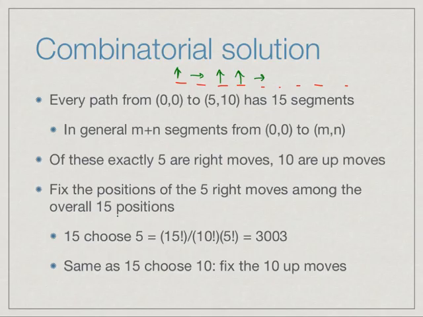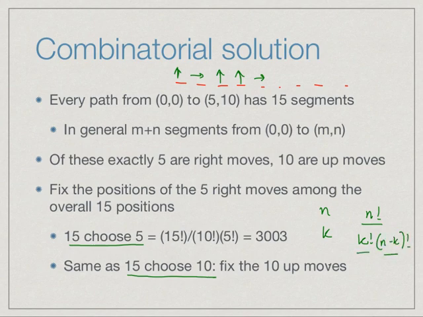Right? So it's either 15 choose 5, which is the way of choosing 5 positions to make the right move out of the 15, and it turns out that 15 choose 5 is clearly the same as 15 choose 10, because we could also fix the 10 up moves. The definition, if you know the definitions, is n choose k is n factorial upon k factorial into n minus k factorial. Right?